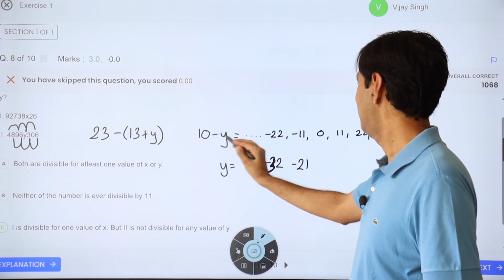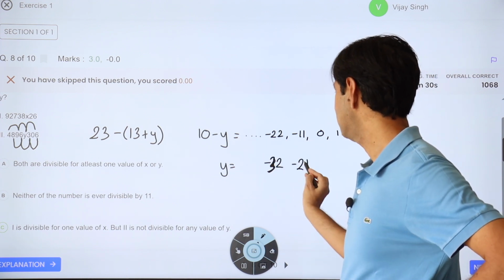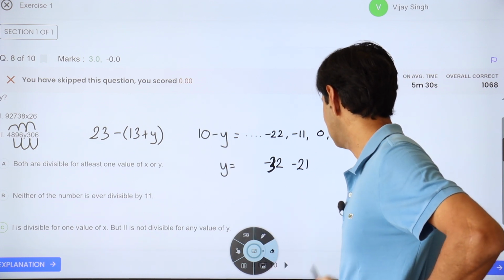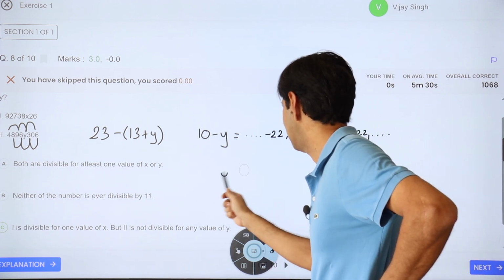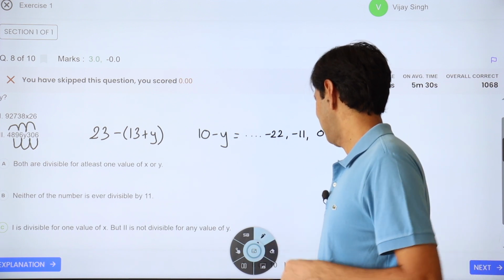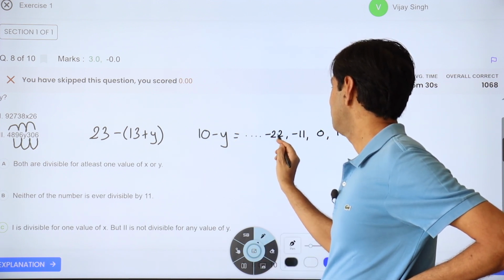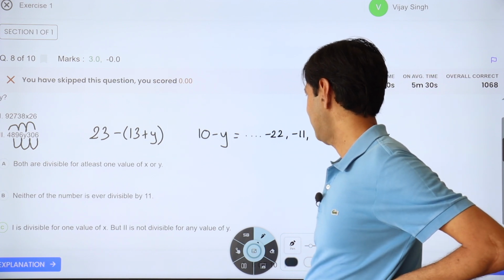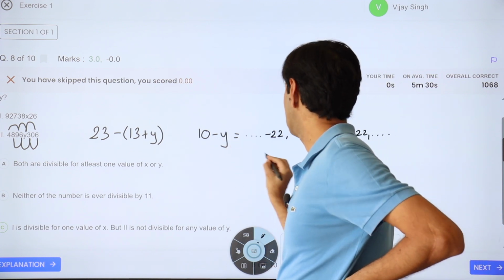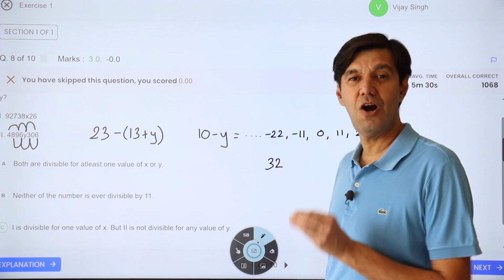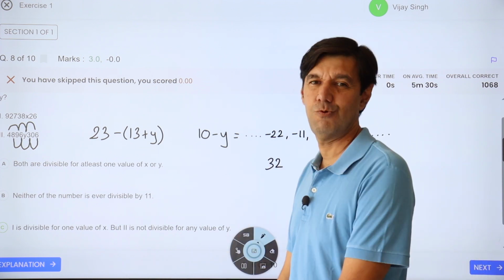You just plug this in over there. Oops, I think I've done all of this wrong. So let me restart. If I want 10 minus y to be minus 22, y could be 32. 10 minus 32, not a minus 32, but a 32.